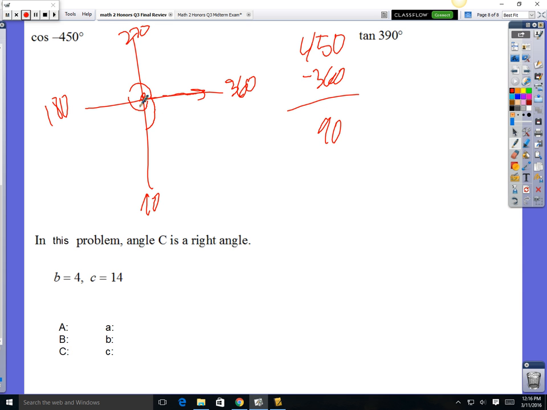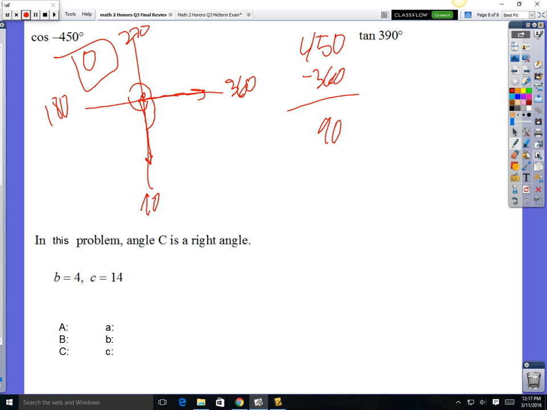So 90, if you ever land on a line, just do it on your calculator. So type in cosine of a negative 450, and that is 0. So if you ever land on one of these lines, just do it on your calculator.